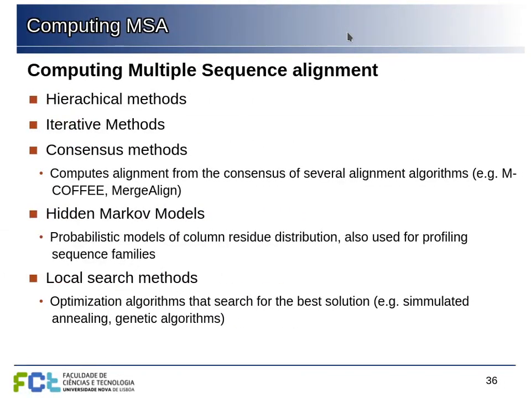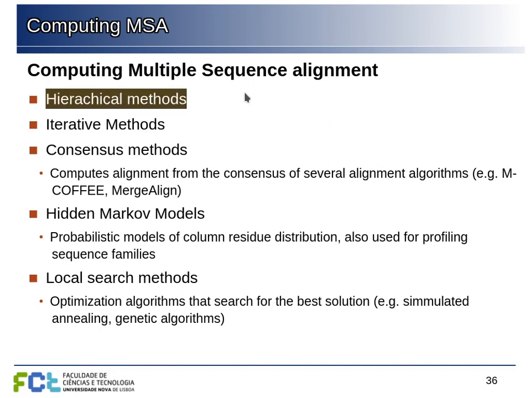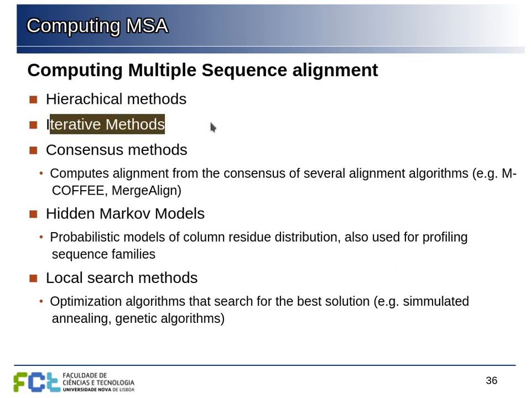So basically, we have these hierarchical or progressive methods for computing multiple sequence alignments, which just try to find a good order in which to add the sequences to the multiple sequence alignment. These iterative methods go beyond the hierarchical methods. They usually start with a hierarchical method, but then try iteratively to fix any mistakes that may have occurred earlier.